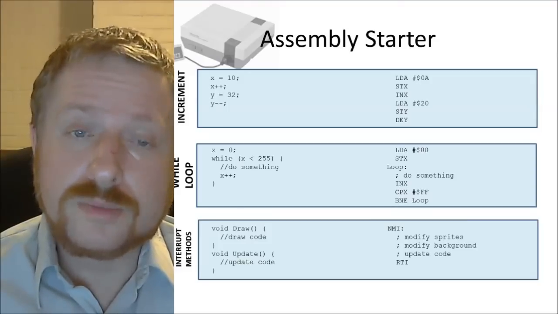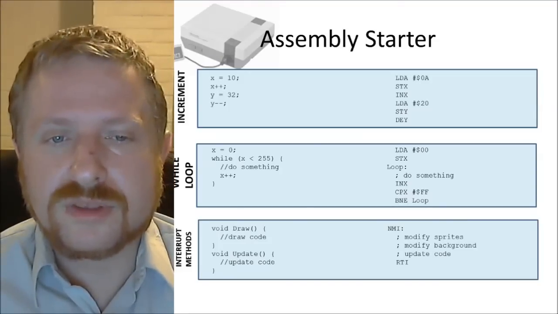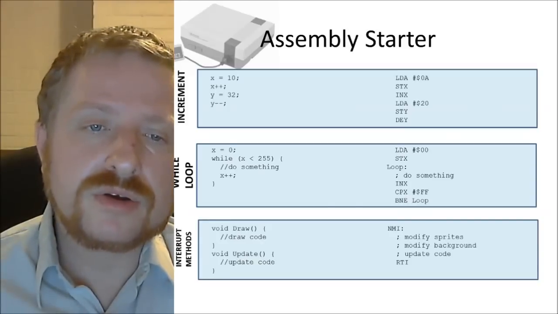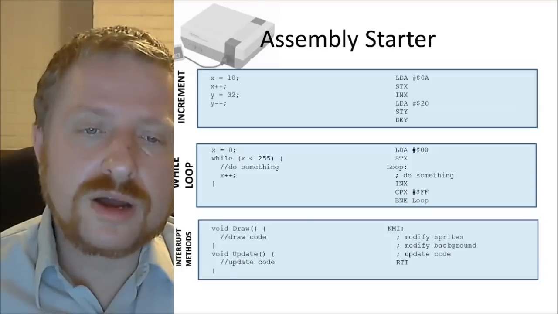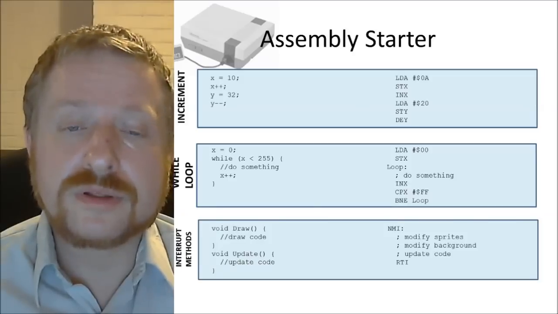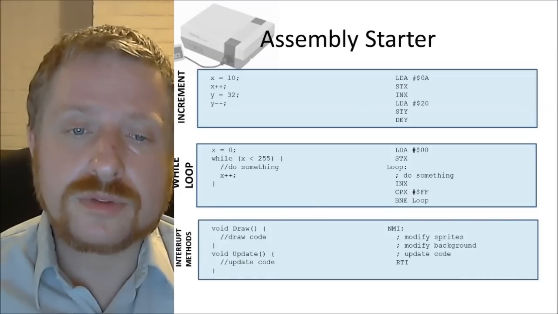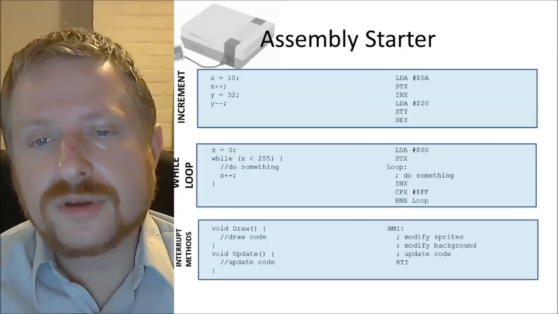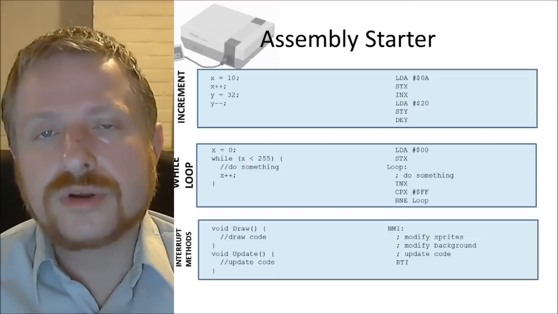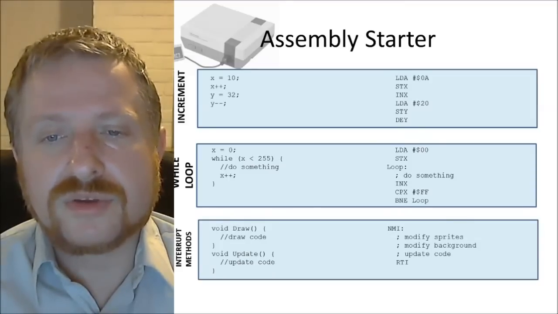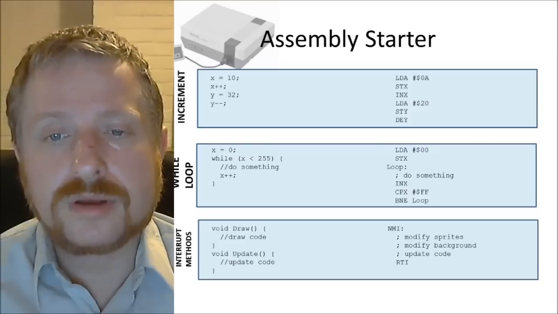To do a loop, such as a while loop, in a traditional language we would set our counter to 0, then while our counter is less than a certain value, we do something, then we increment for every time in the loop until it is no longer less than 255. In assembly, we load a 0 into our accumulator. We store that into our X register. Then we use a loop label.